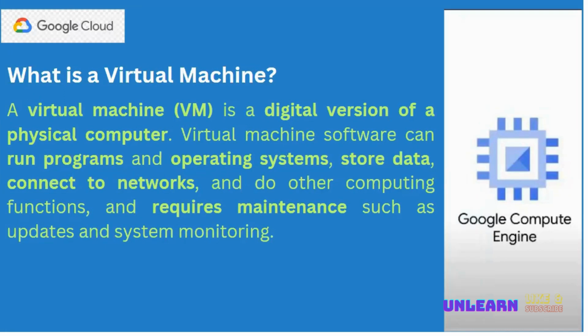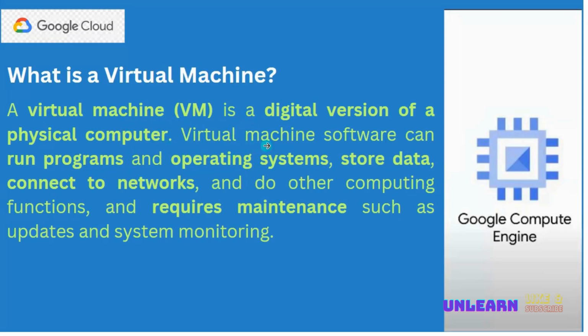Before that, let me explain what a virtual machine actually is. A virtual machine is a digital version of a physical computer. That means it's the digital version. The computer will be there in the data centers. You will be connected to that physical computer through digital media. So that's the reason it is the virtual machine.